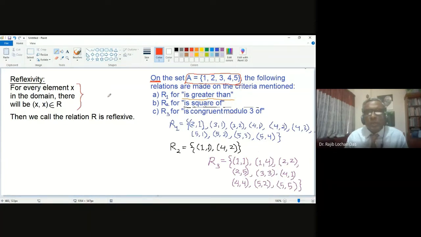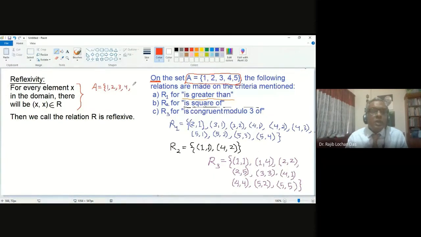So think about the elements in your domain. What is the domain? In this example, the domain is A. The elements are 1, 2, 3, 4, 5.